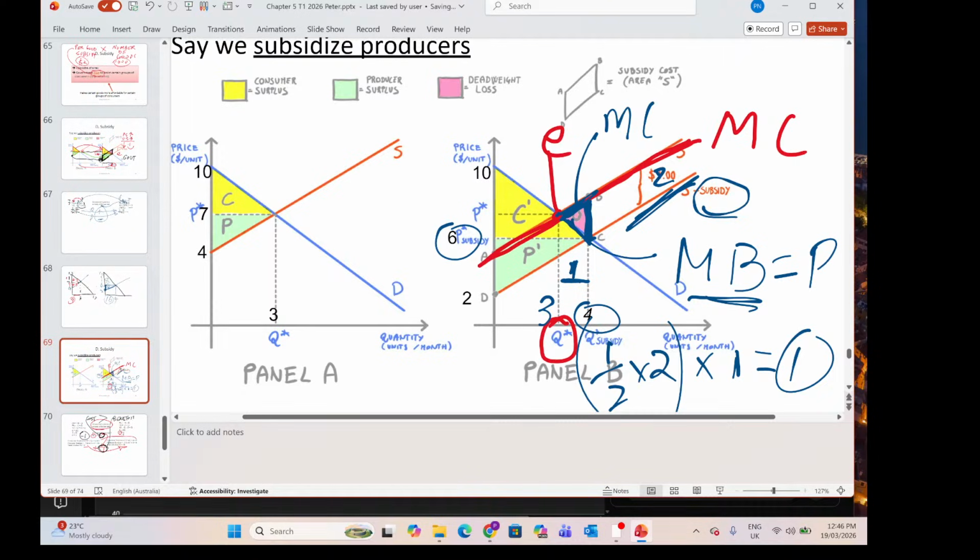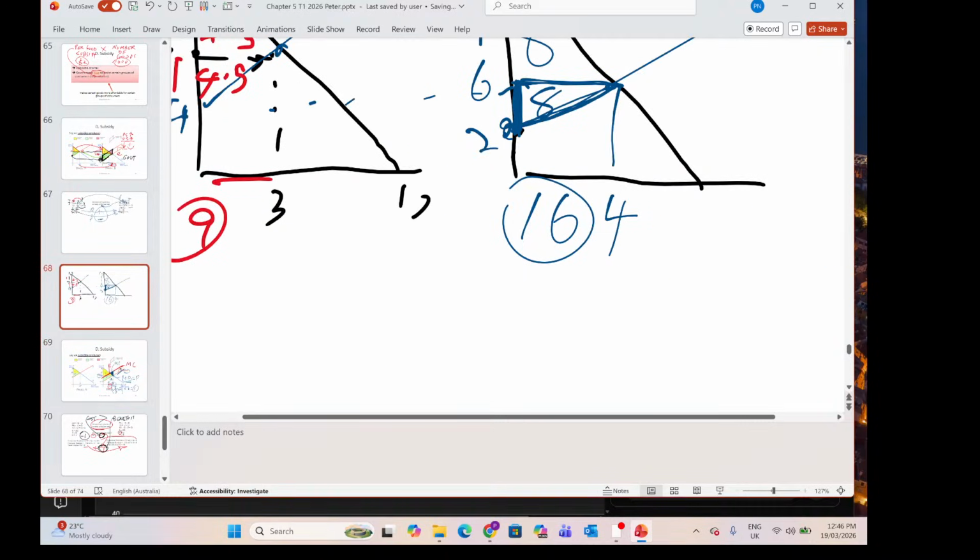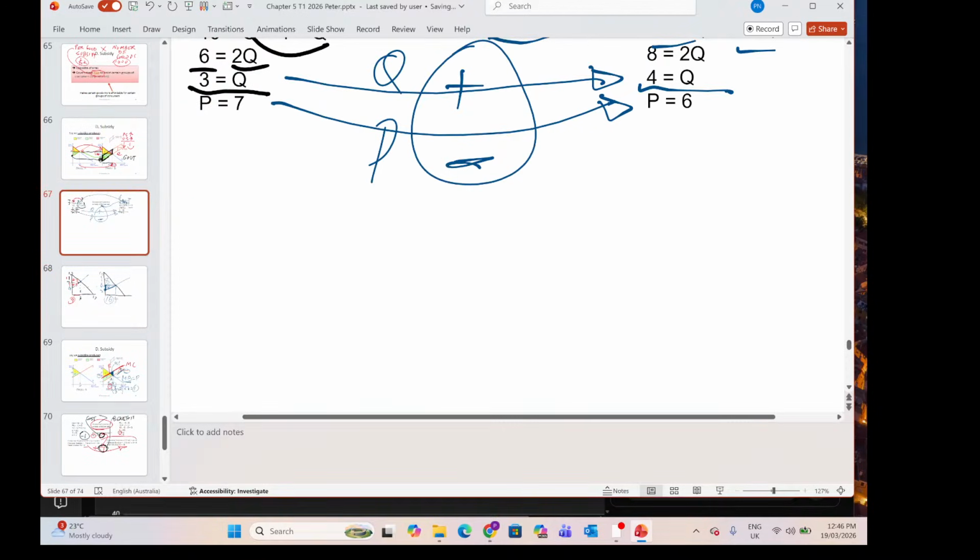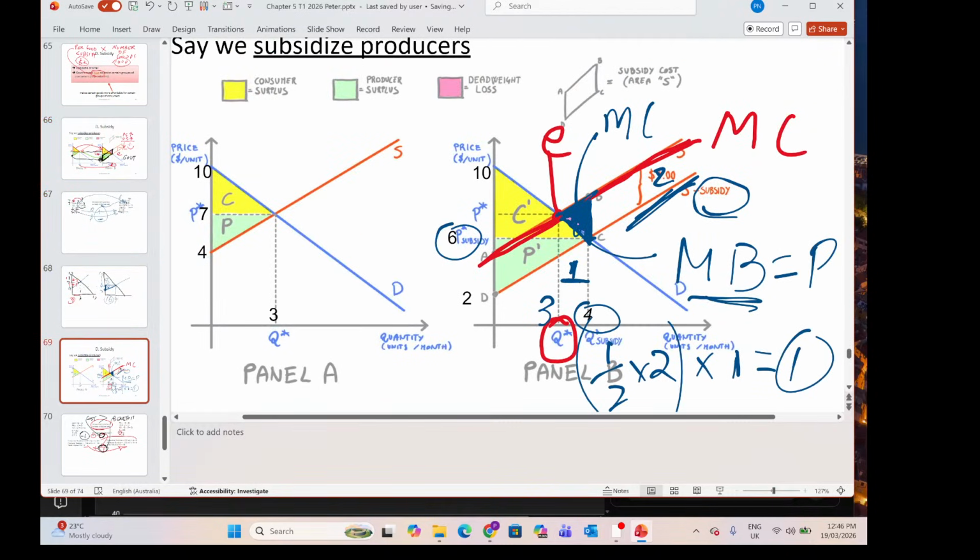Right, so the area that I'm now shading, that is 1, and that accounts for the difference. That accounts for the difference that we saw on the previous slide with the calculations.